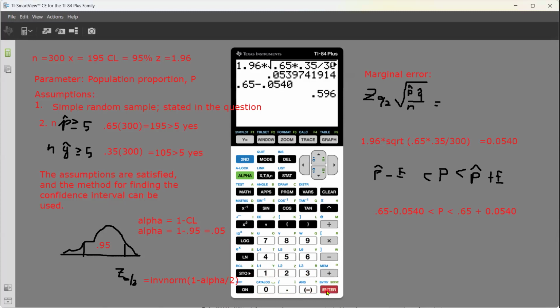This is 0.596 and 0.65 plus 0.0540, 0.704.